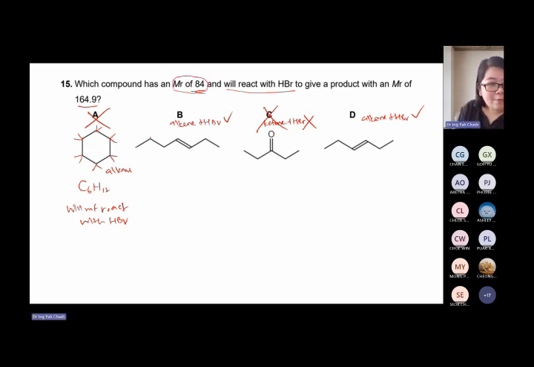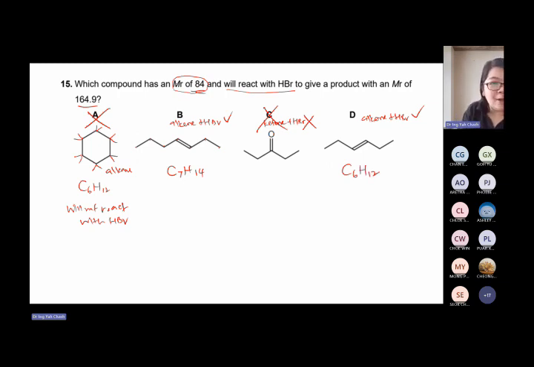B, 1, 2, 3, 4, 5, 6, 7 carbons. This is an alkene, so the general formula is CnH2n. So it will be C7H14. D, 1, 2, 3, 4, 5, 6 carbons, alkene, CnH2n general formula, so H will be 12 here.